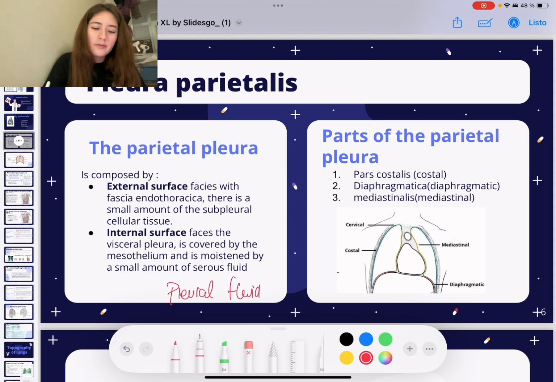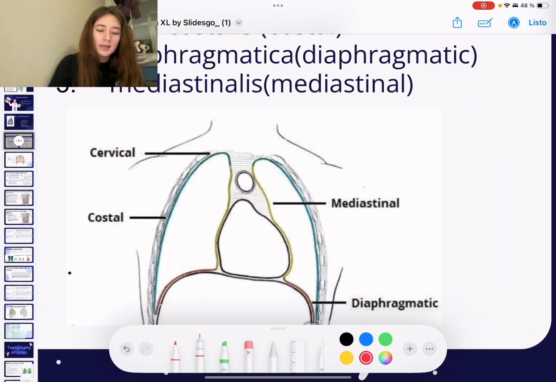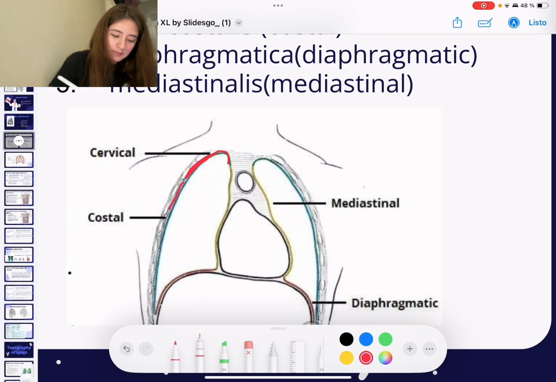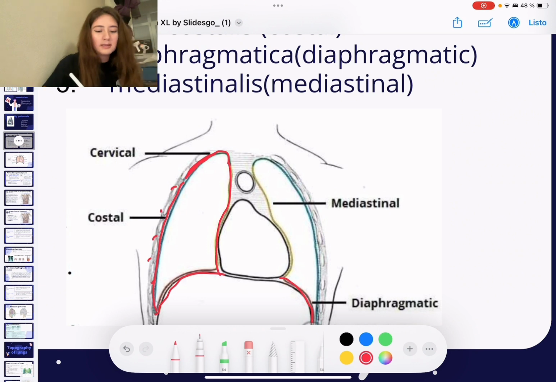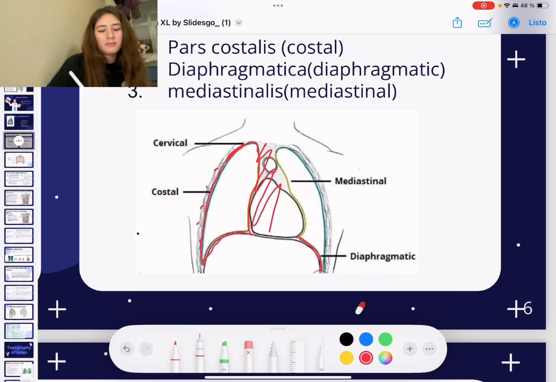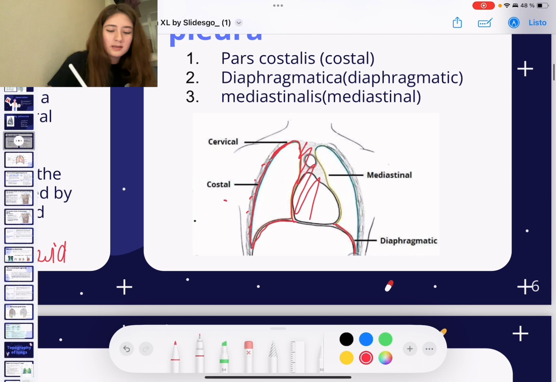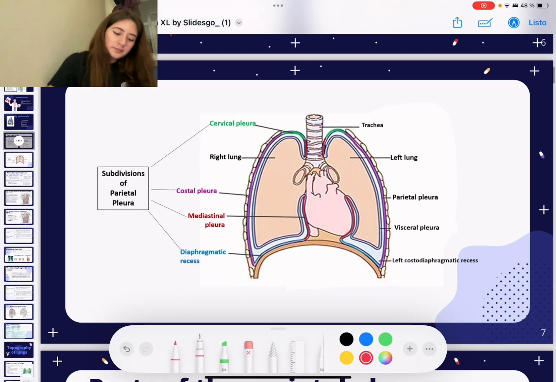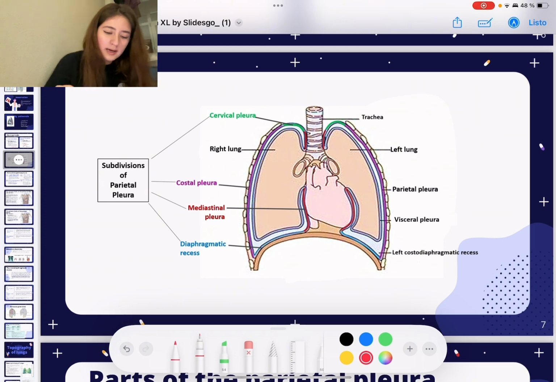So, parts of the parietal pleura. We have the cervical part, we have the costal part, because it faces the ribs. We have the diaphragmatic part, and the mediastinal part because it faces the mediastinum, on the right side and on the left side. And here we can see a more detailed picture.